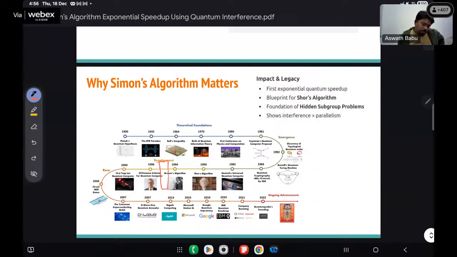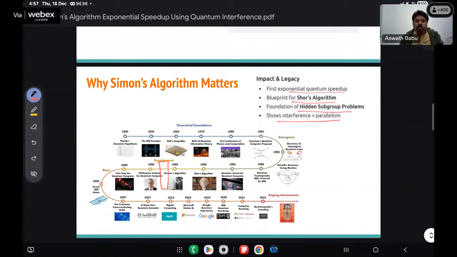So why does it matter? First, an exponential speedup. It's a blueprint for Shor's algorithm, and it is a foundation of hidden subgroup problems. It shows interference and parallelism at a quantum level. So I'll stop at this point.